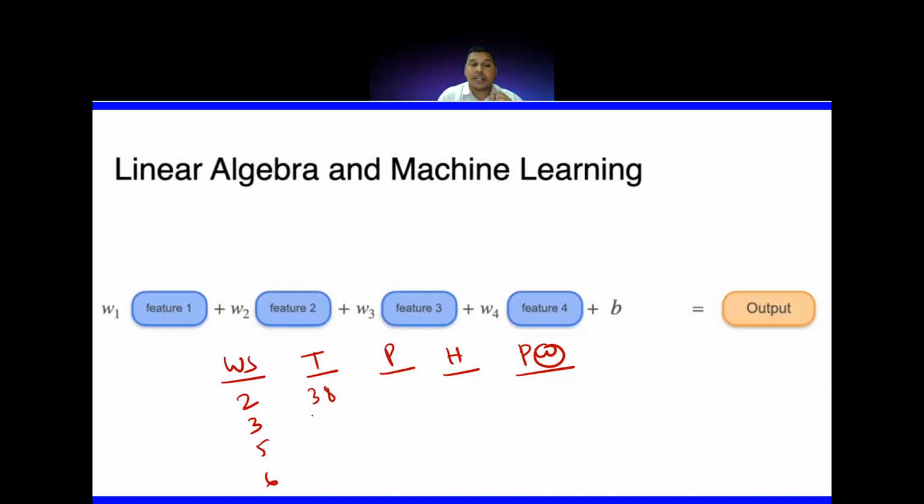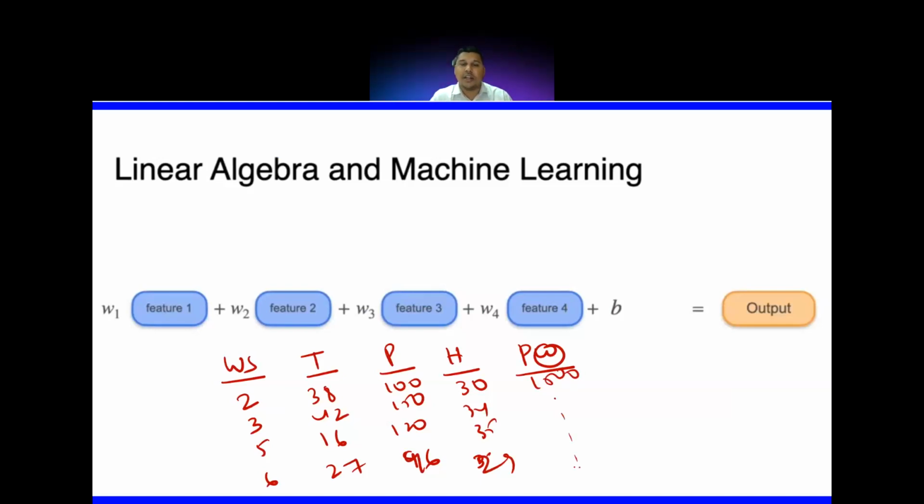Temperature 38, 42, 16 someday and 27 someday. Pressure maybe some 100, 150, 120, 96. And I have humidity 32, 34, 35, 30, 29, something like this. So this is a data set given to me, and power output also, 1500, assume some values here.